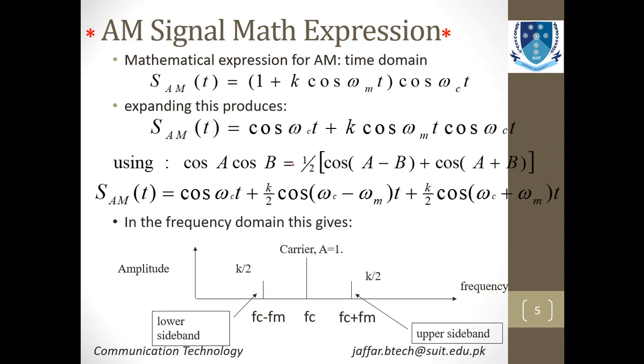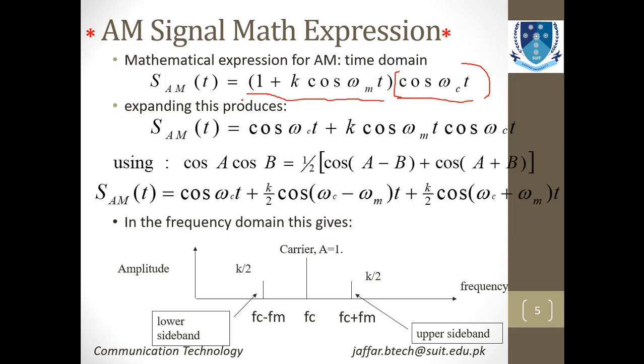In the amplitude modulation signal, we have to derive some equations, so let's talk about the mathematical expression for AM in the time domain. In the time domain, we have the signal A plus k cos omega mt, into cos omega ct. This side was your carrier, and this side was your baseband signal.